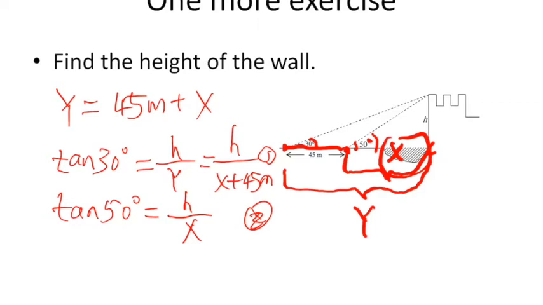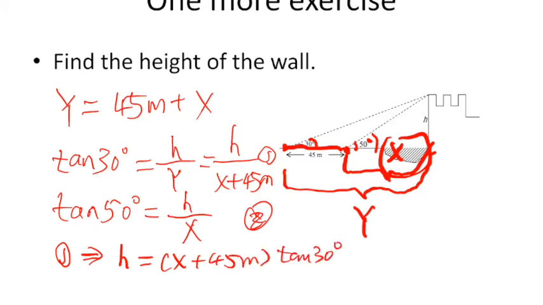It might look intimidating at the beginning, but we can make it simpler. Equation 1 gives us h equals x plus 45 meters times tan 30 degrees, and equation 2 gives us h equals x times tan 50 degrees.